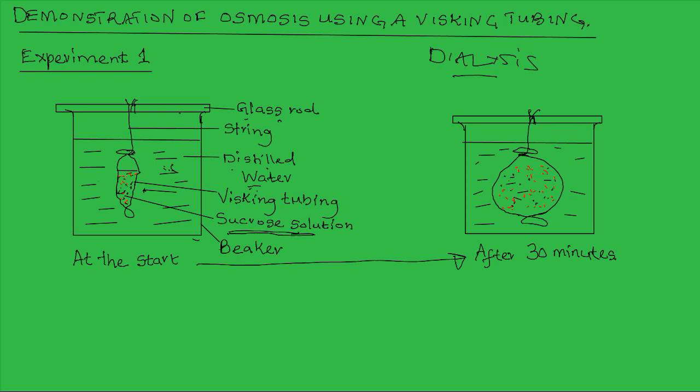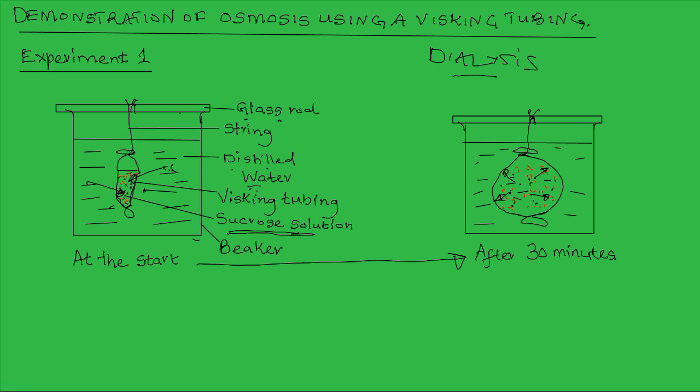So as the water molecules get into the Visking tubing, they cause the enlargement, because remember, water molecules are particulate matter that occupy space and have volume. So as more and more water molecules get in, the Visking tubing enlarges. This enlargement is as a result of the influx of water molecules that move by osmosis from the distilled water into the sucrose solution.